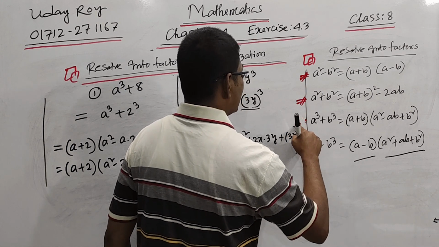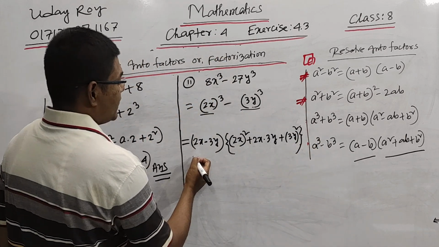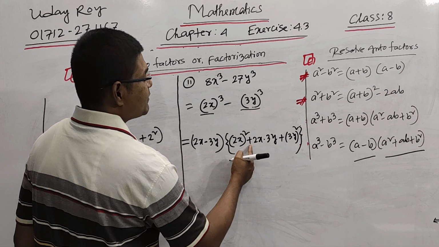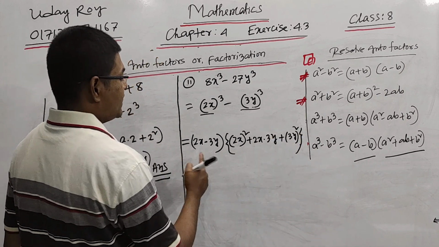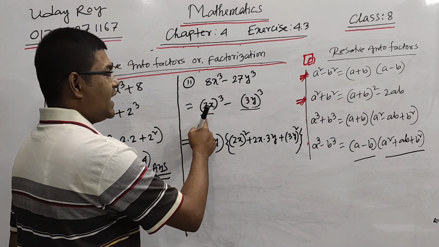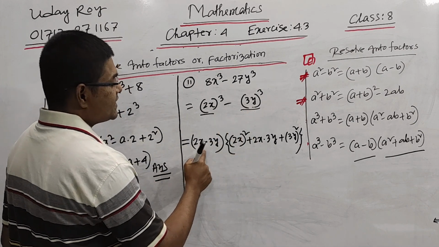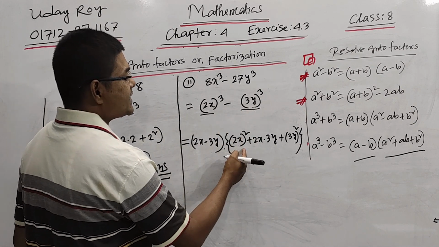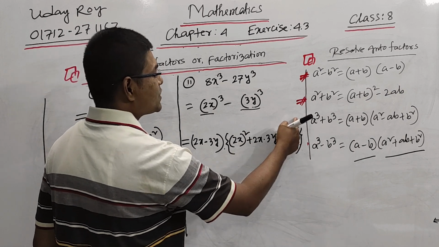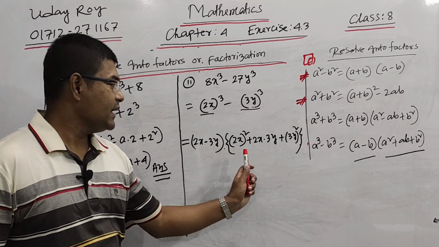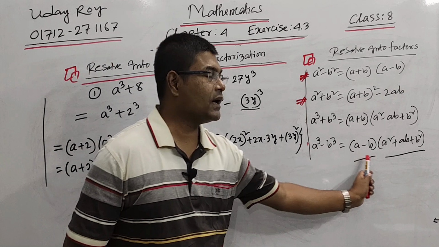Okay, I think you can see here we have got a minus b, a square plus ab plus b square. Twice x is a and thrice y is b. So a cube minus b cube is twice x minus thrice y into twice x whole square plus twice x into thrice y plus thrice y whole square. Follow the rules.